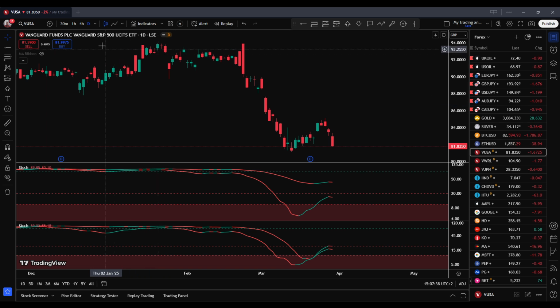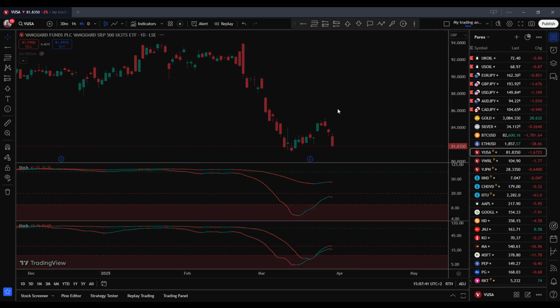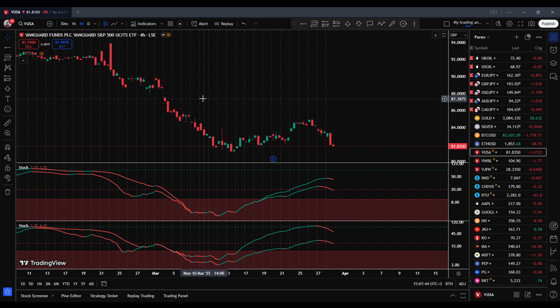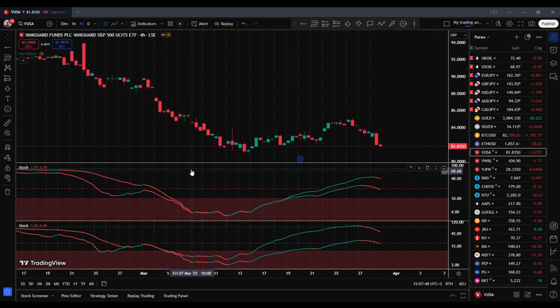Vanguard S&P 500. I've already made some investments here from Friday 7th of March. I already showed you this. Oversold, all stochastics, change in trend.